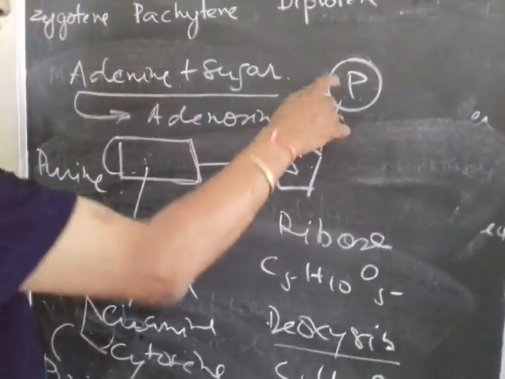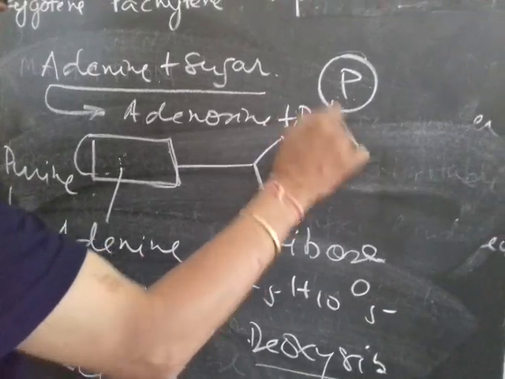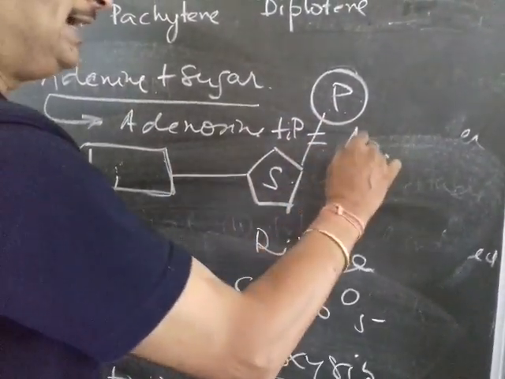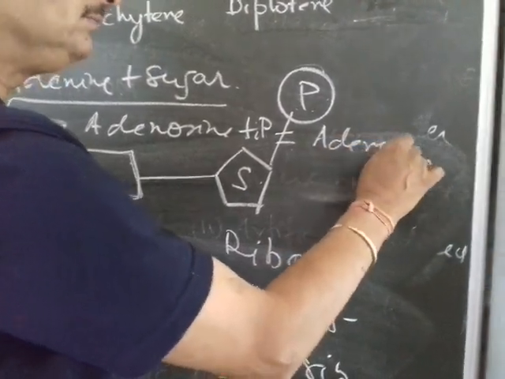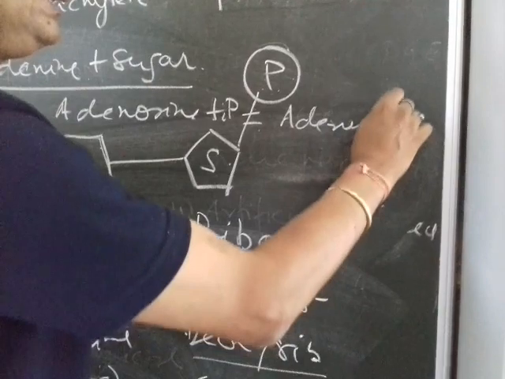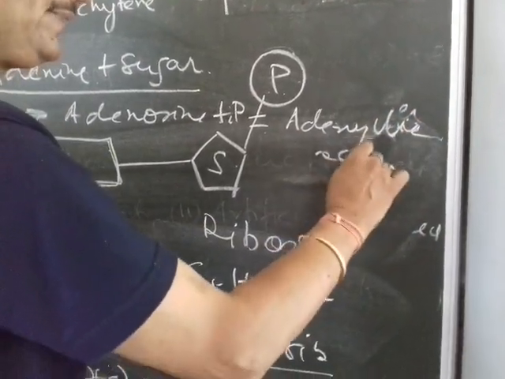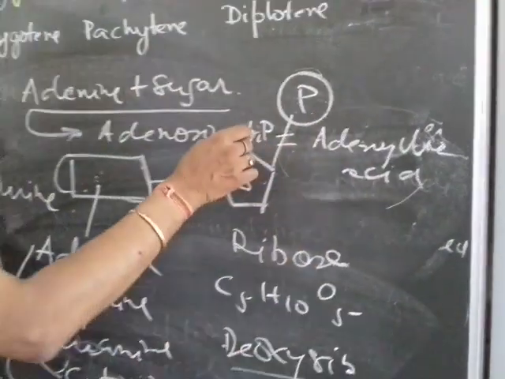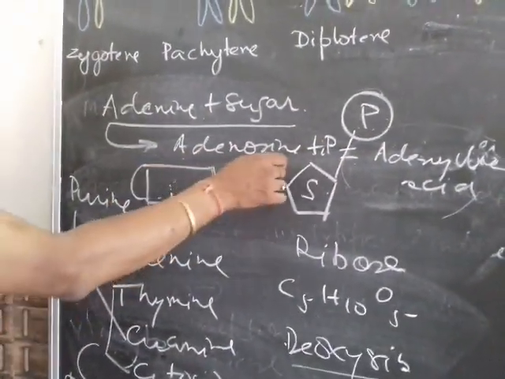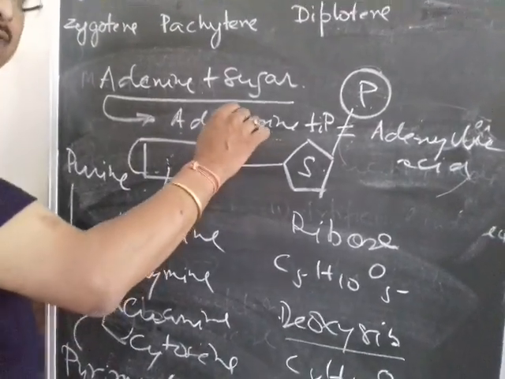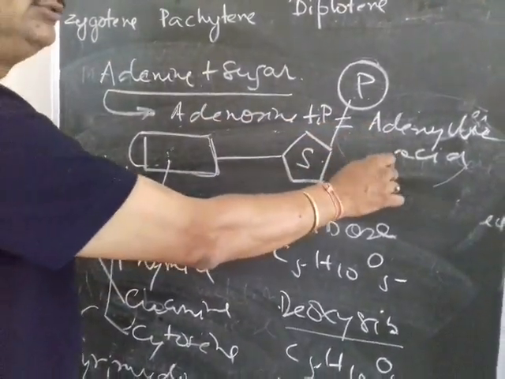And if we add the phosphoric acid to it, the inorganic phosphate from the phosphoric acid, then we say it is adenosine monophosphate, or adenylic acid. So adenylic acid will be a nucleotide, and adenosine is called the nucleoside. So you have to know the difference between a nucleoside and a nucleotide.